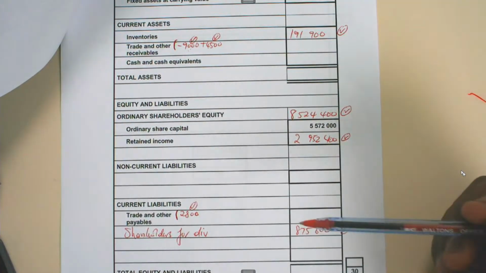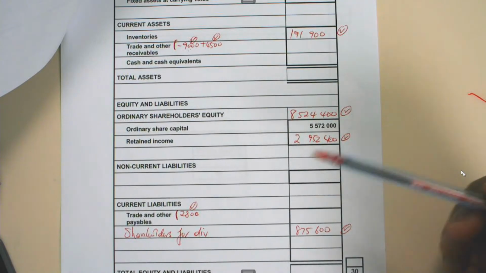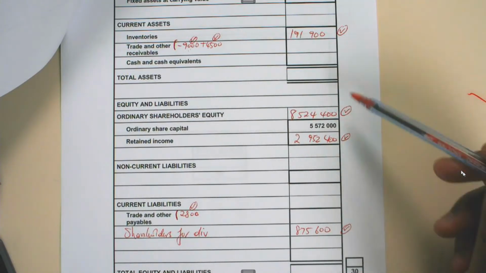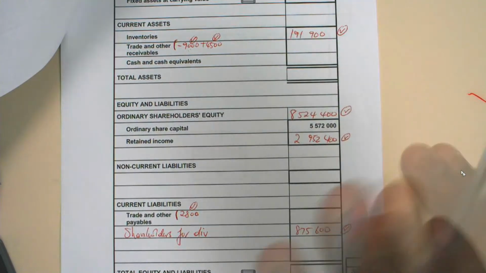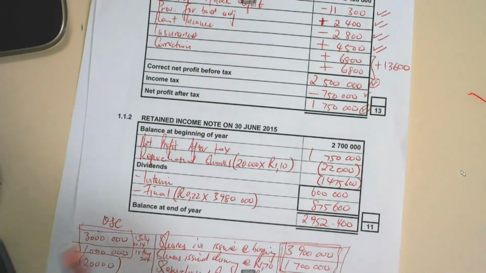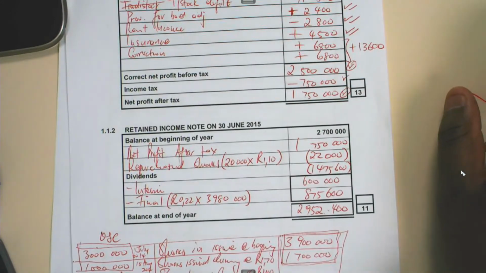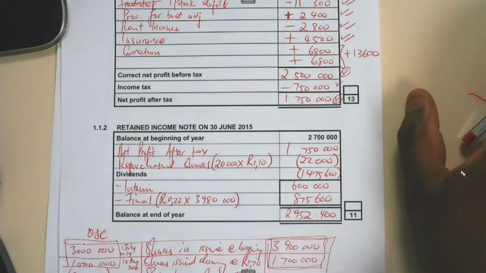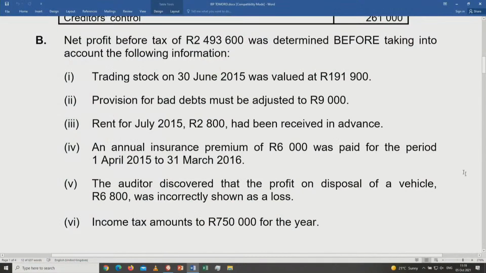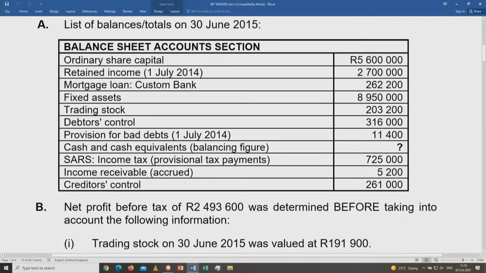Let's count so far. How many marks do we have for free? 4, 6, 7. 7 so far, right? Then we are done transferring the totals from our notes. Now let's go check our question. Our question, information A.